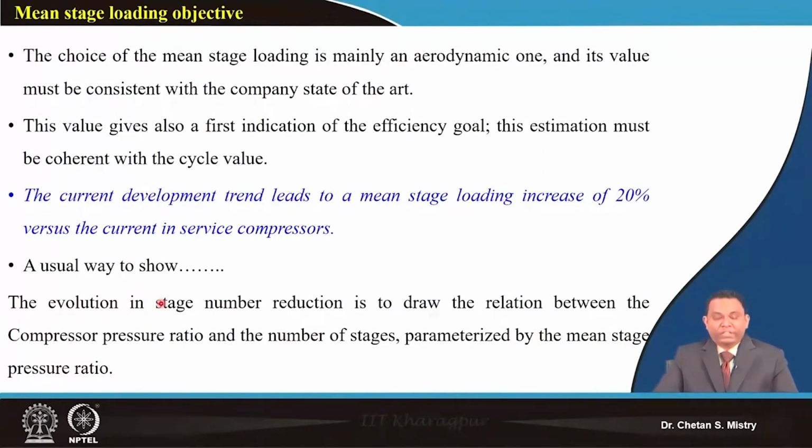So this relates to what pressure ratio we are expecting, what number of stages we are talking of, and the effect of the different parameters we have discussed, that is, the mean loading coefficient and peripheral speed. Let's try to understand the effects of these parameters.